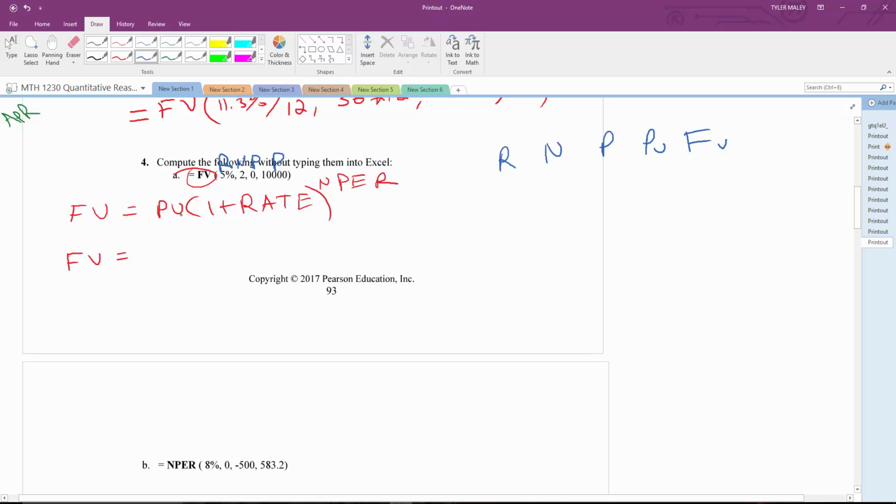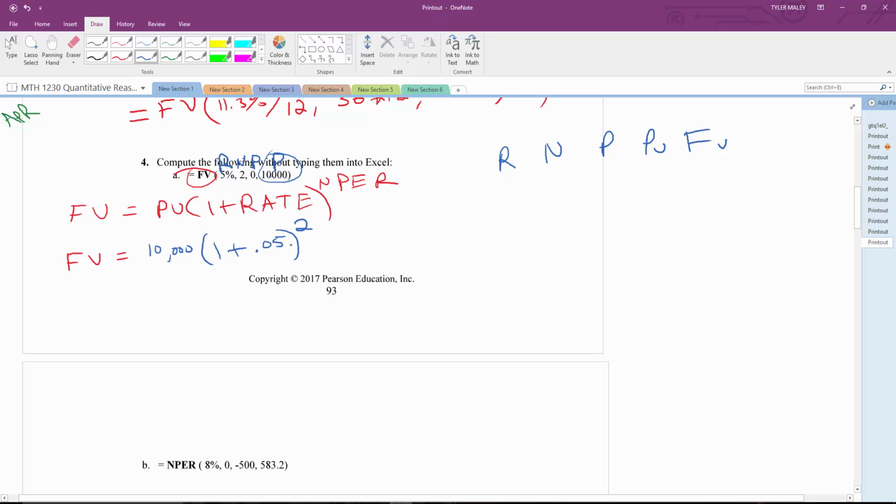So my present value would be this part. This is 1, 2, 3, 4 zeros, so 10,000. So this would be 10,000 times 1 plus my rate, which is 5%, so 0.05. And then the number of periods would be 2.